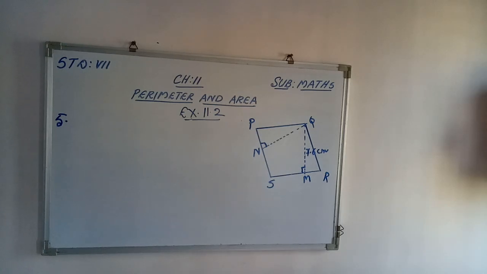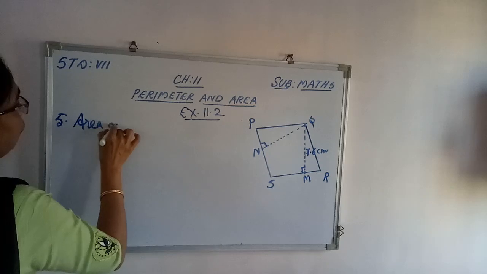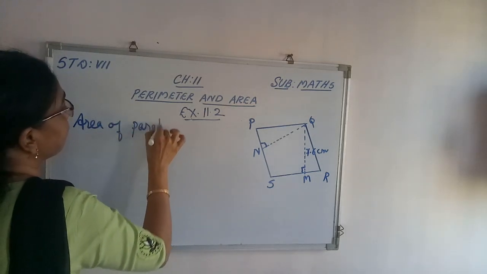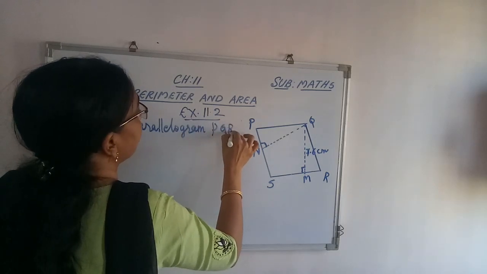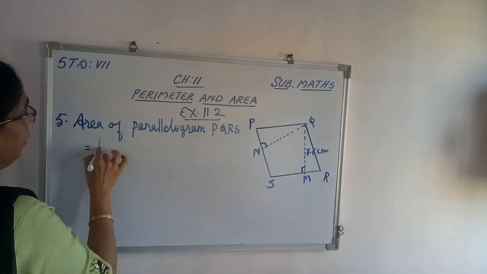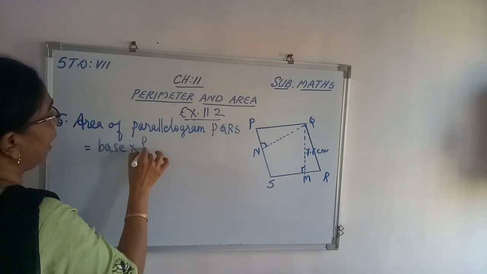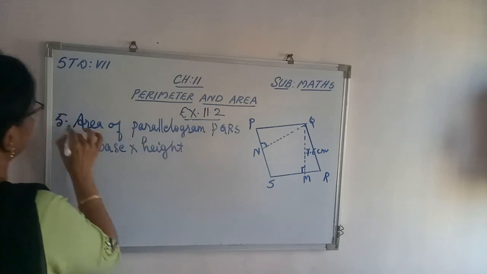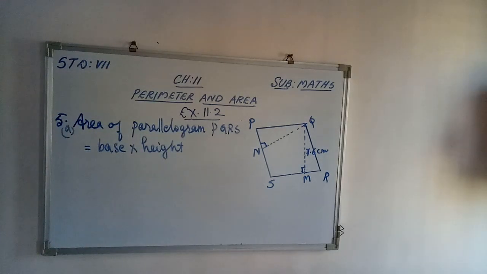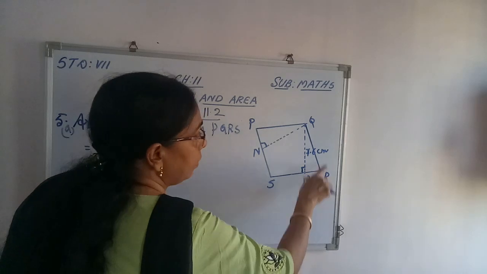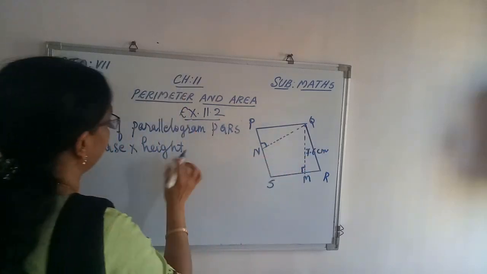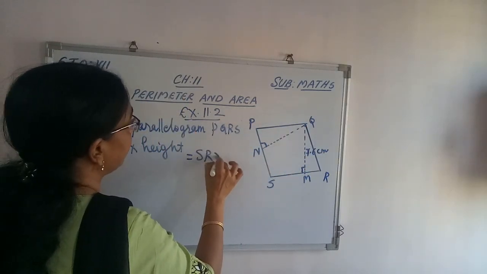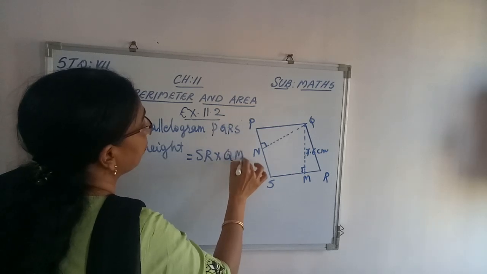So first we will find the area of PQRS. Area of parallelogram PQRS is equal to base multiplied by height. SR is the base and QM is the height. That's equal to SR multiplied by QM.